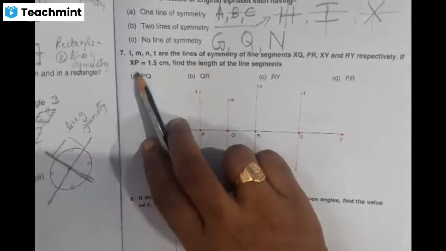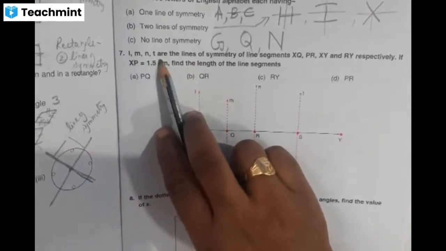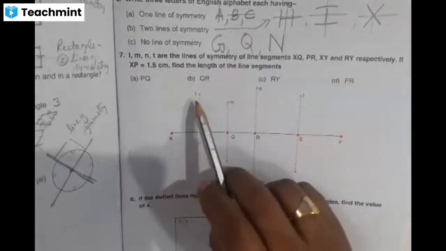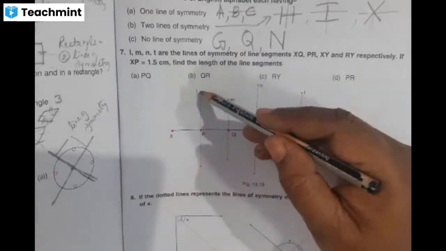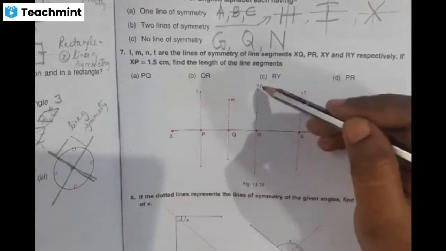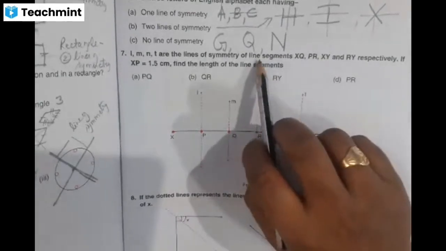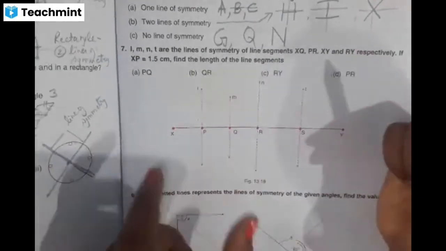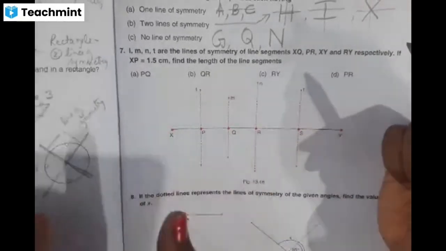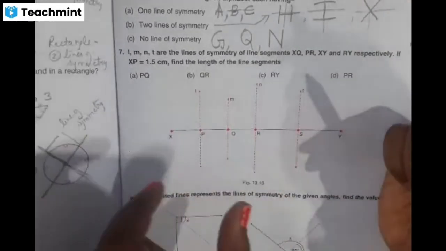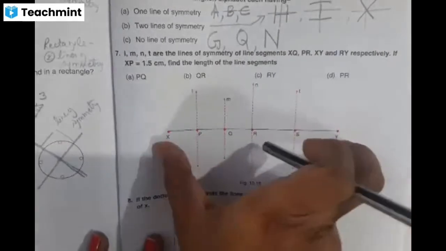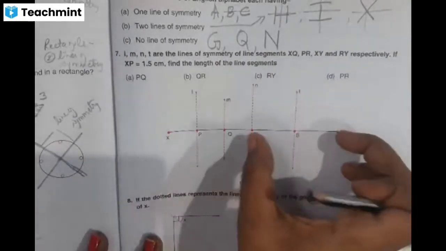Then question number 7. L, M, N, T are the lines of symmetry. These are the lines of symmetry, children: L, M, N, and T. Now, of the line segments, XQ, and then PR, and then XY, and RY.